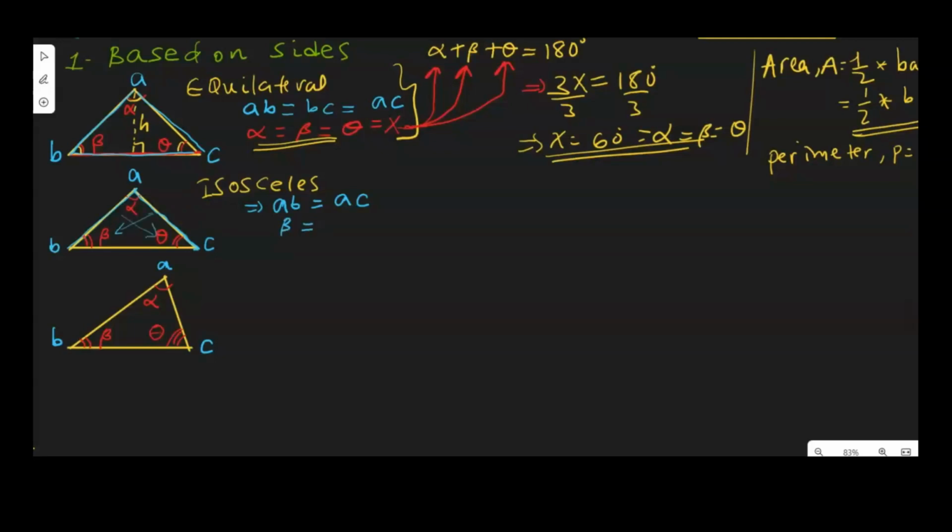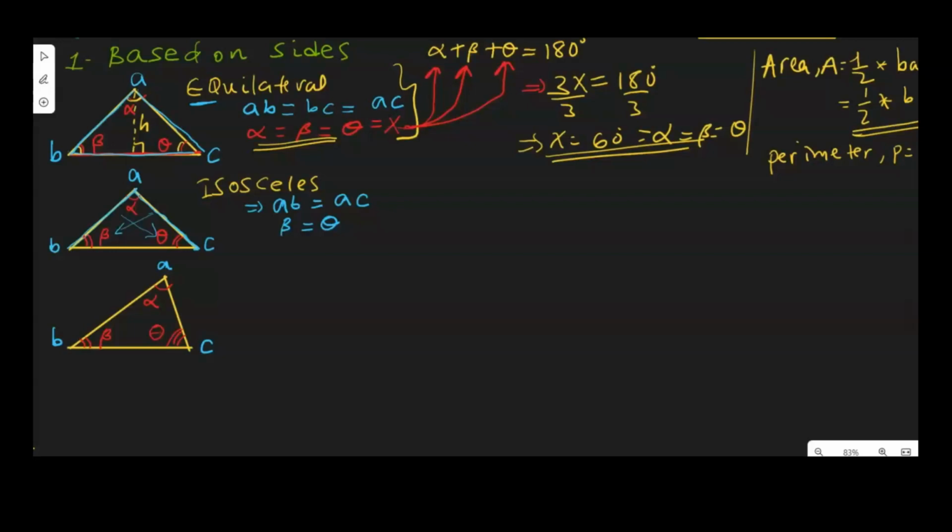So the two angles are equal and two sides are equal. In an equilateral triangle, if the three sides are equal, all the angles opposite to each of the sides must also be equal. That's why the three sides of an equilateral triangle are equal, and all the opposite angles to each of the sides are also equal. Alright.